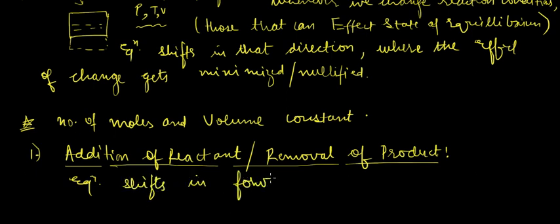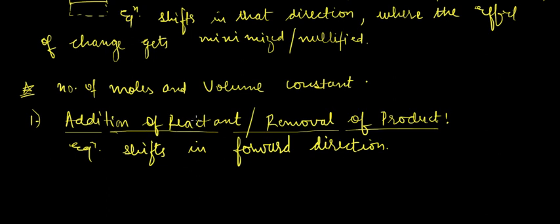And why is this the case? Because when we are adding more reactants into the mixture, obviously Q would decrease below K. So more product has to be formed in order to bring it back to its original value.